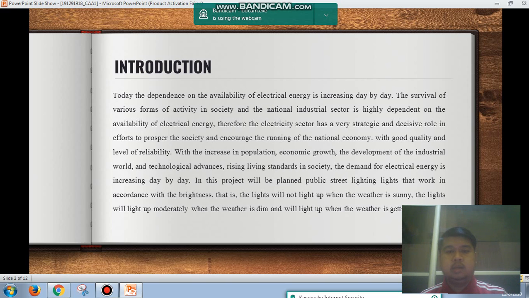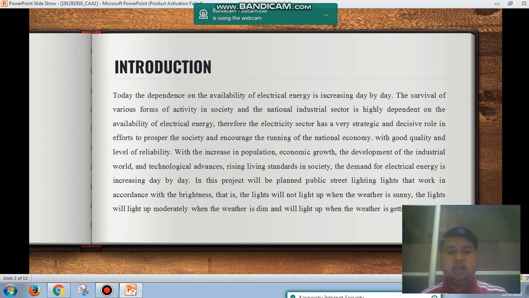Therefore, the electricity sector has a very strategic and decisive role in the effort to prosper society and encourage the running of the national economy with good quality and level of reliability.